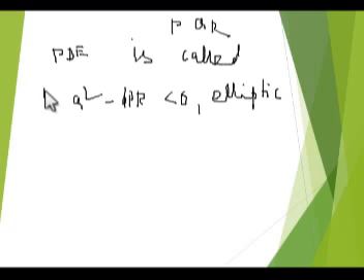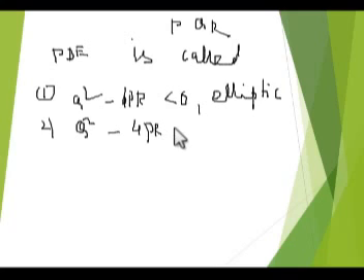This is the first condition. The second condition: if Q square minus 4PR is greater than 0, then the PDE will be hyperbolic.